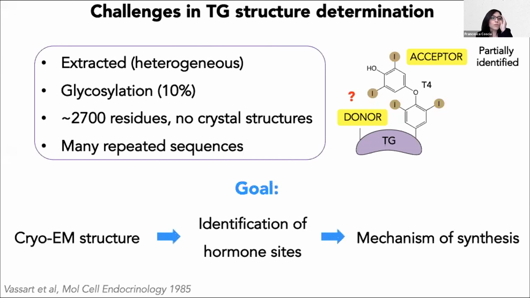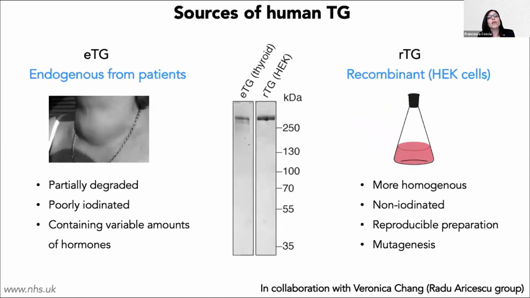So our goal here was to use single particle cryo-EM to solve the structure of thyroglobulin, identify those special hormonogenic sites, and understand more in depth the mechanism of hormone synthesis. So we started with the endogenous protein from patients. This is obviously partially iodinated, contains variable amounts of hormones, and batches are quite variable.